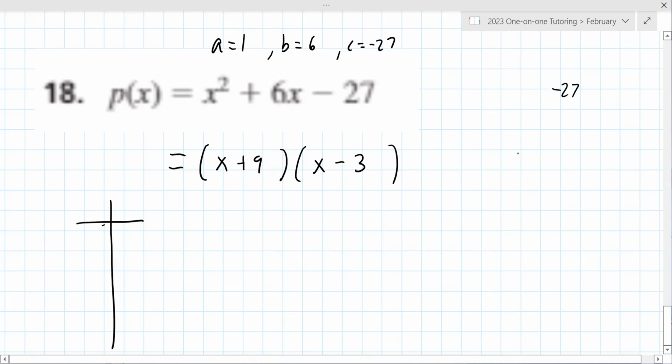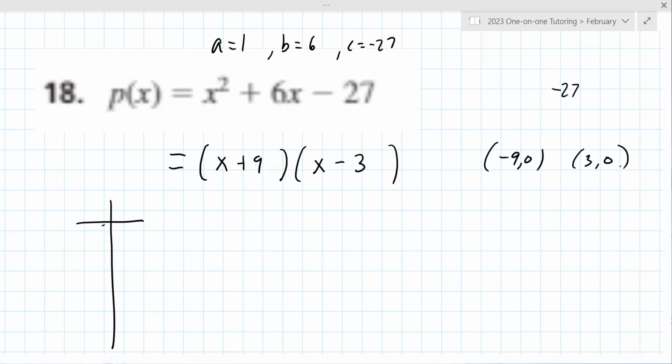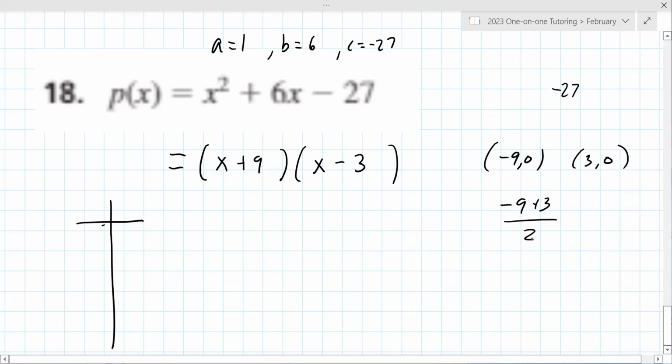What's the in-between value? There's -9 and 3. So in between that is the average. So an average, you add them up and divide by 2. So then it's -3.